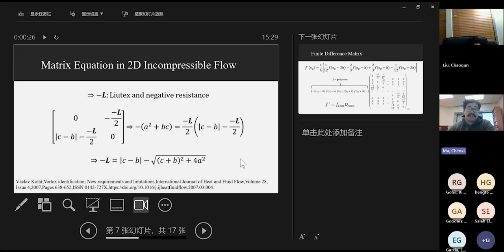And we notice this is a quadratic equation for the negative L, and we can solve it and get the formula for negative L. It equals the absolute value of C minus B minus the square root of C plus B squared plus 4A squared. So this formula, I get it from the simplification of Liutex and the resistance, which we developed for 3D.